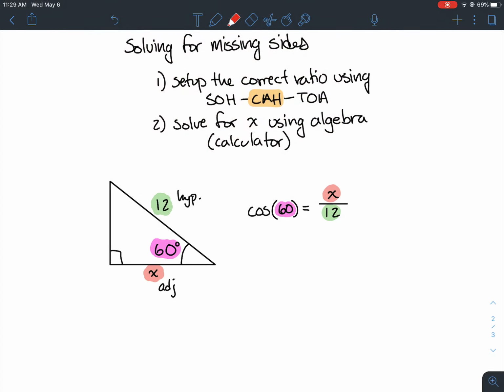So here's where you're going to use your calculator, because obviously we don't know what cosine of 60 degrees is. So we need to make sure that we can plug that in. In your calculator, there's a button for sine, cosine, and tangent. So you're going to plug in the cosine of 60 into your calculator, and that's going to give you a decimal. Let me get my calculator brought up here.